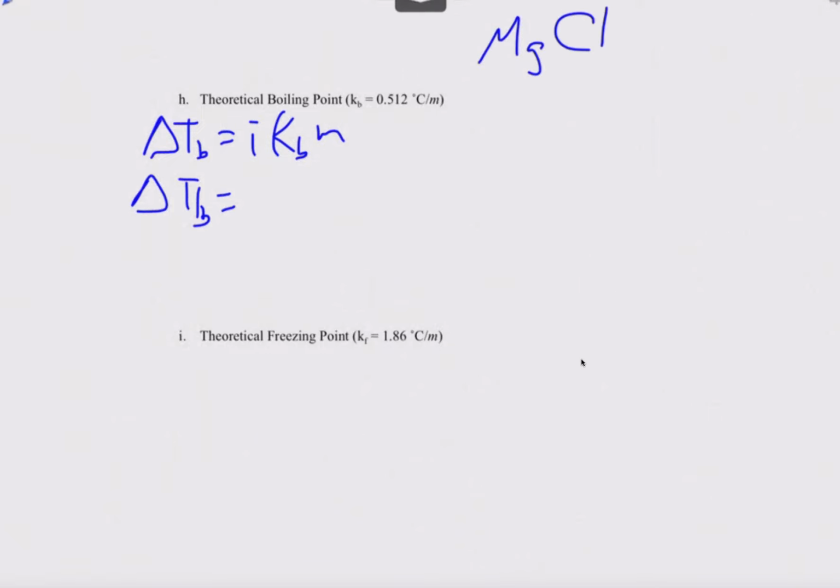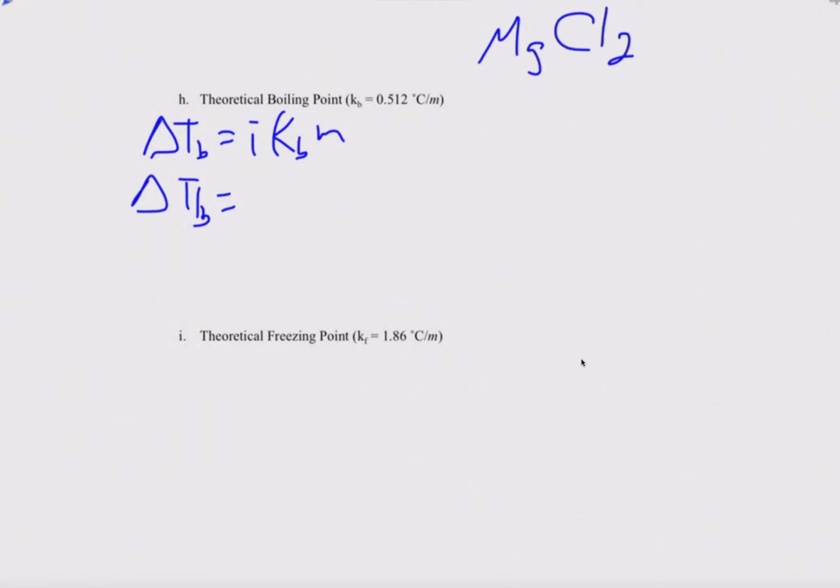Okay, what are the theoretical boiling and freezing points of this solution? So, again, we've got the delta TB, how much the boiling point is going to change, is i times KB times molality. Well, we've got magnesium chloride. There's those chlorides.